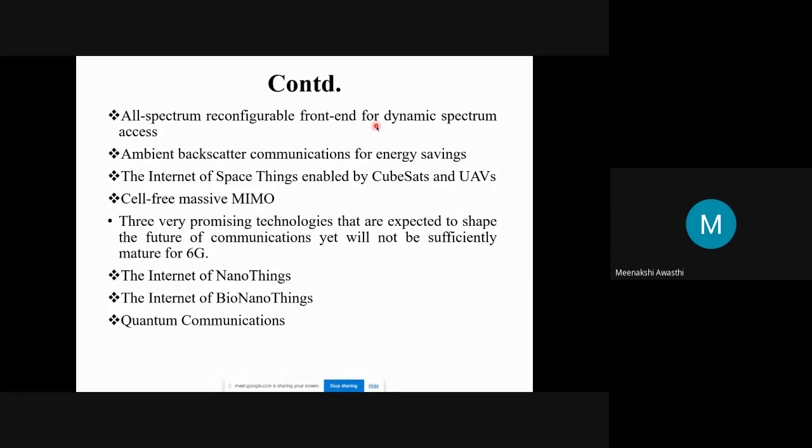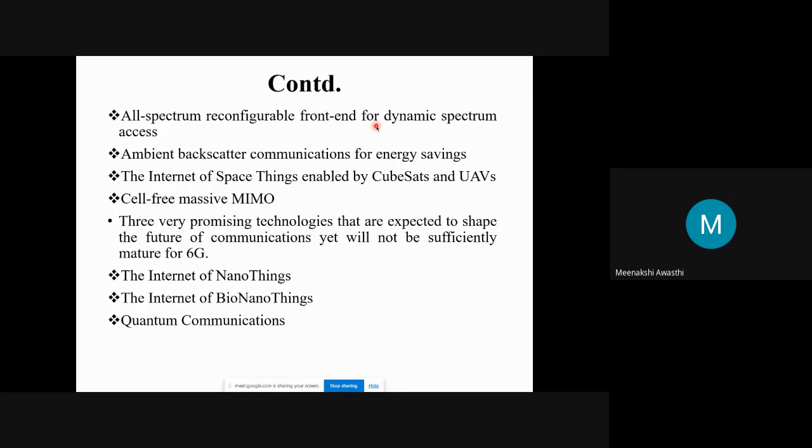So what is this dynamic spectrum access? If we have a number of spectrum bands available, these spectrum bands will not be fixed and will not be assigned to a definite user. There will be flexibility to access a network or a spectrum as and when it is needed.